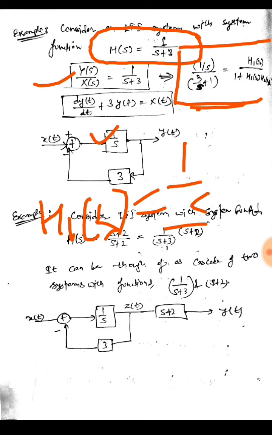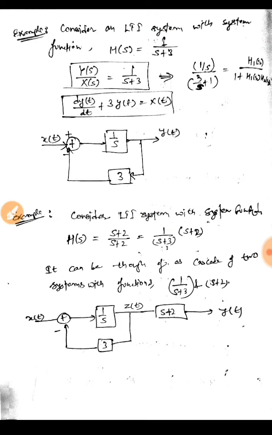So I have put it over here: the first block is 1 upon s, that is the open loop transfer function. Now I need to find the value in the feedback. If I compare the denominator, I get 1 plus 3 by s equal to 1 plus H1(s) into H2(s). So 1 upon s is our H1(s), 3 is remaining, so 3 would be H2(s).